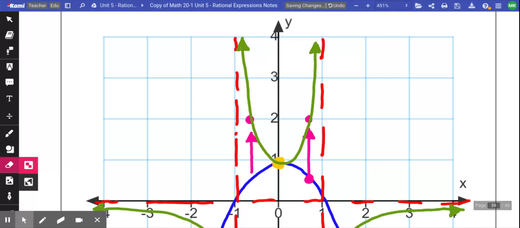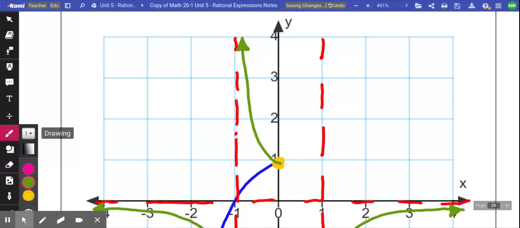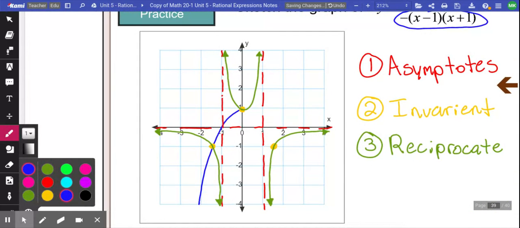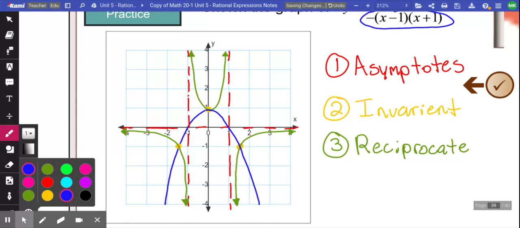So in this case, I did 0.5. Oh no, it's gone. Cool. That green graph is your beautiful reciprocated graph, that green one.